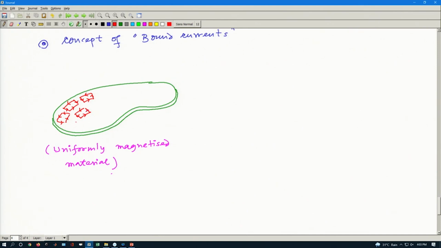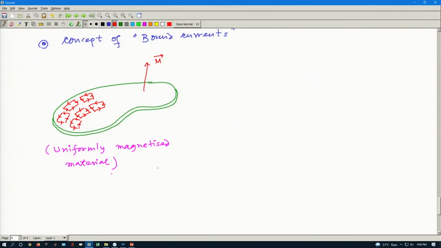Each current loop defines a single magnetic dipole. This is the way the current loops are distributed here, showing a certain magnetization, and this is the direction of the magnetization.